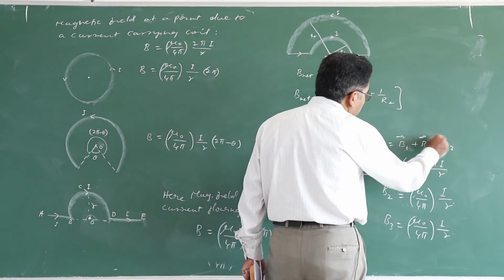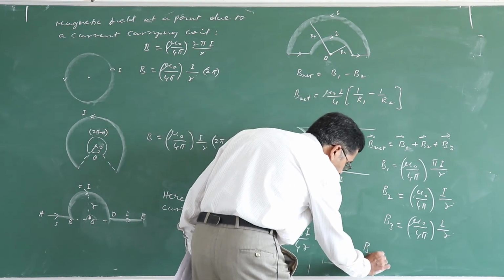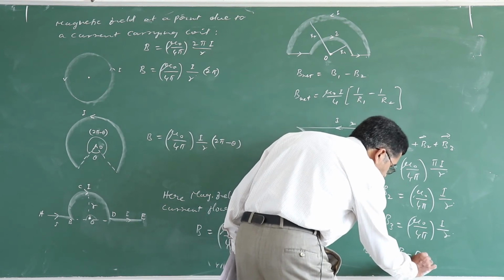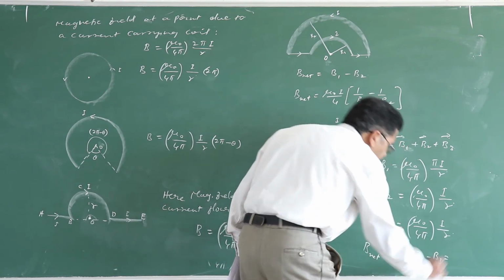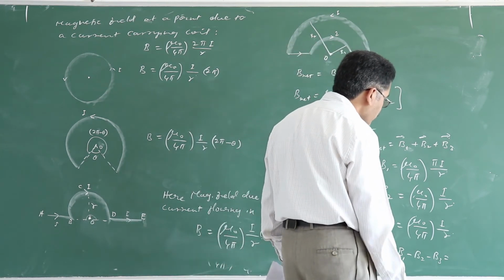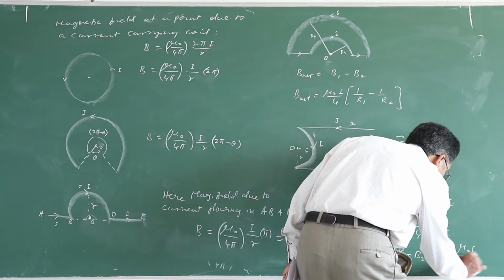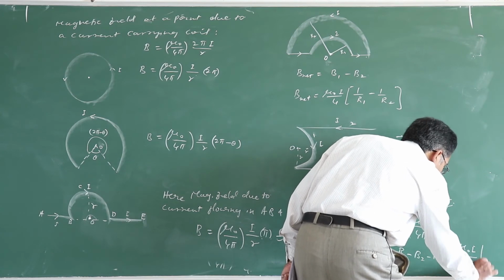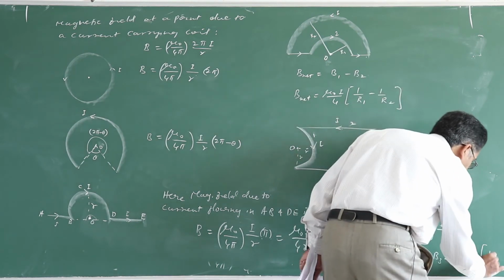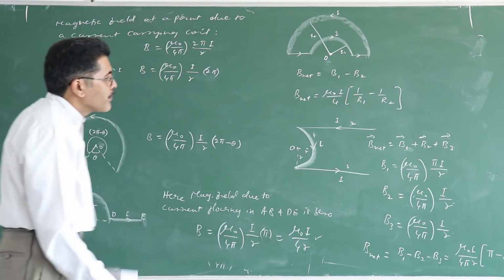Say when you take a net magnetic field, B net is equal to B1 minus B2 minus B3. You please take out mu naught I by 4 pi R outside. See here, pi minus 2, you will be getting pi minus 2.